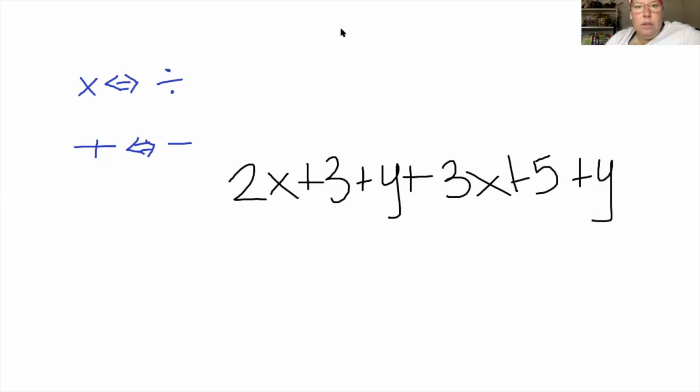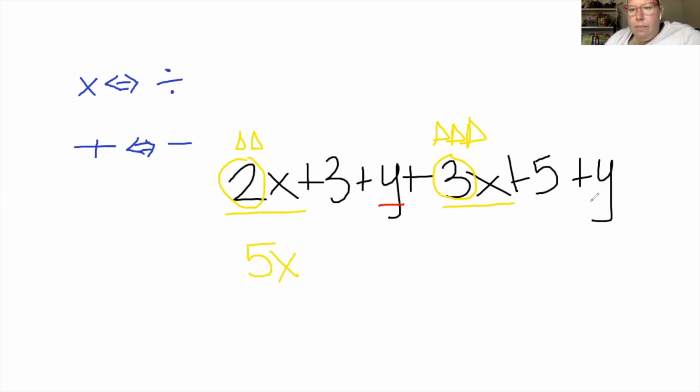This is complex. Here's an x and here's an x. So we could add the coefficients together. I could draw 2 pawns and 3 pawns. How many pawns do I have total? I have 5 pawns.